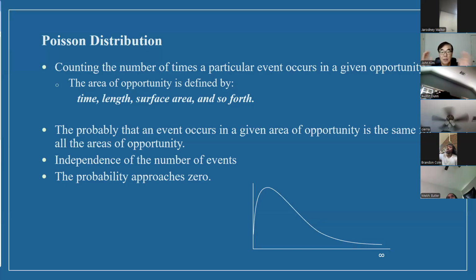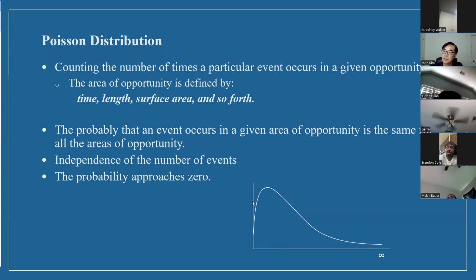So in a time period, in a certain distance, in a certain space, we can count. That is a Poisson distribution. The events are always independent: in this time, in the next time, and so on. And then the probability approaches 0.